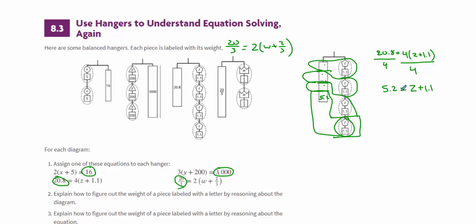So 5.2 is equal to z plus 1.1. So I'm going to take away the 1.1 from 5.2. So z is equal to 4.1.